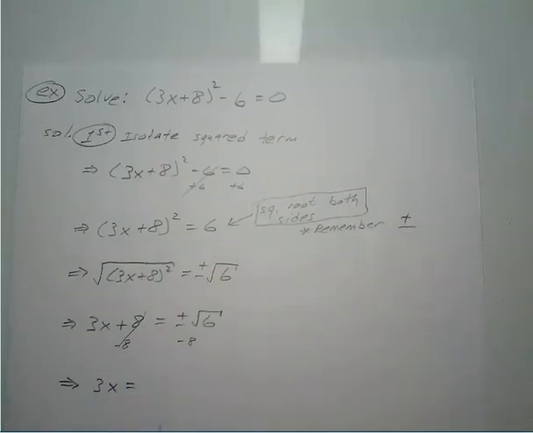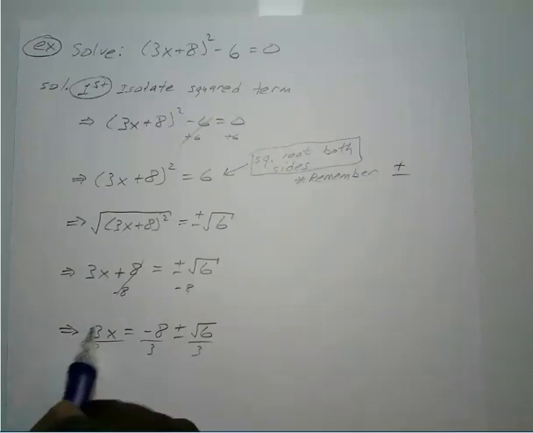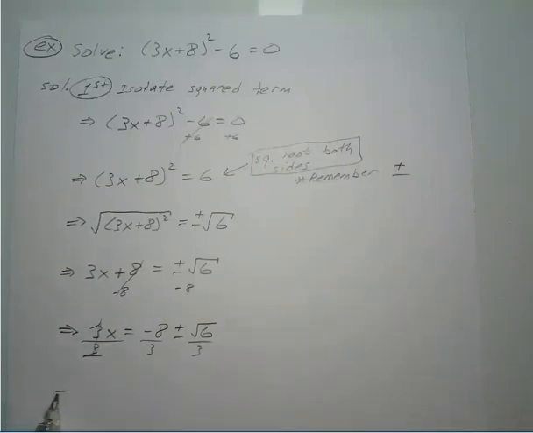So this would be negative 8 plus or minus the square root of 6. Okay, now to solve for our x, we just divide every term by the coefficient 3. Okay, so anything divided by itself is just 1. So that gives us x equals negative 8 over 3 plus or minus the square root of 6 over 3.